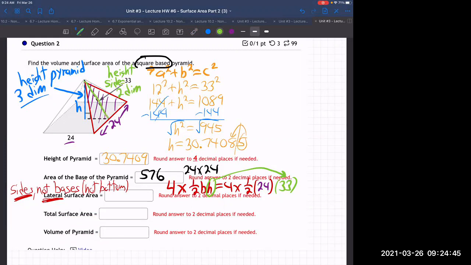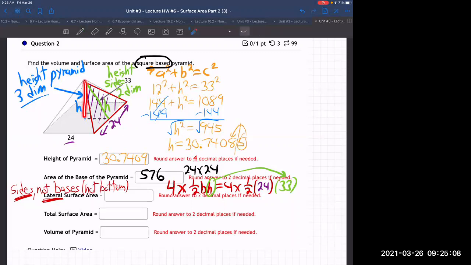This height right here is just how far down the middle of the side. That's just the height of the side, not the height of the whole 3-dimensional pyramid. See the difference between those two? So that's what's hard, and I want to help you get ready for that on the exam so that this doesn't confuse you. So we have 2 different kinds of heights.